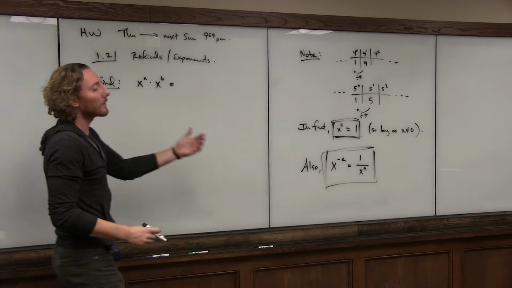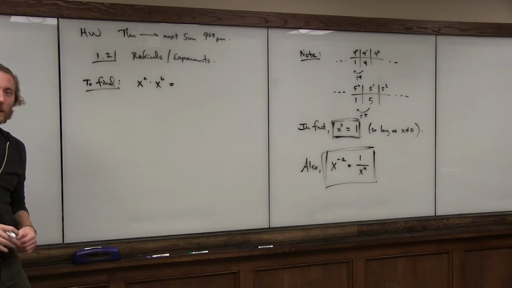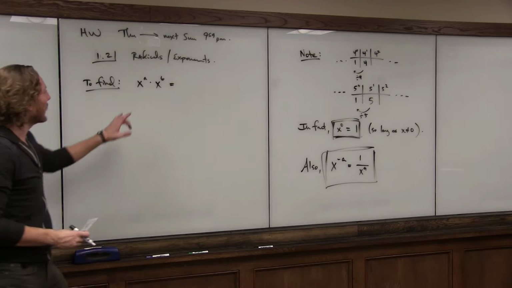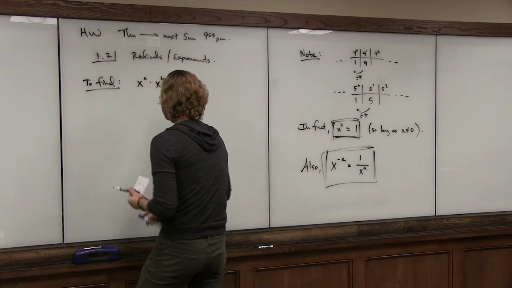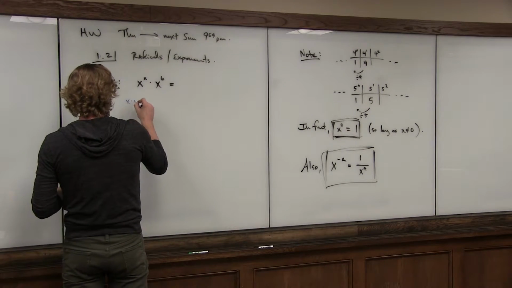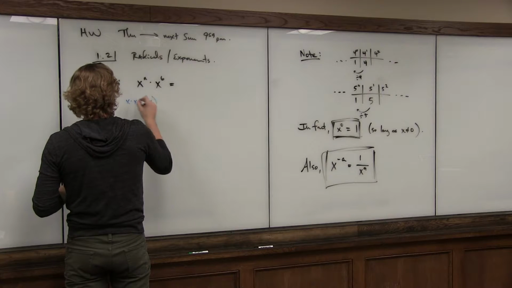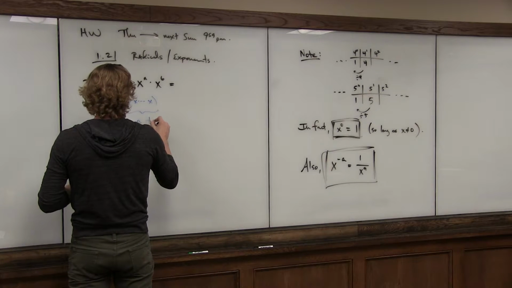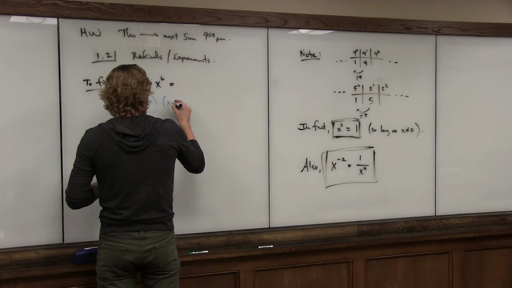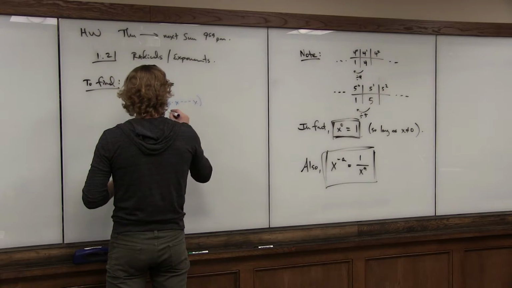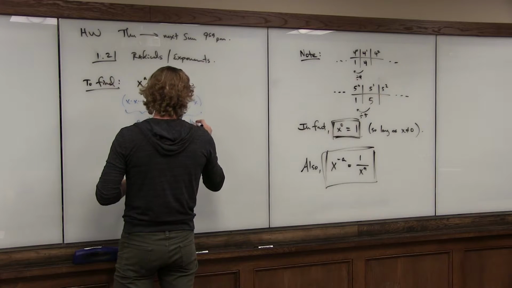I claim with our knowledge of exponents to this point, we can figure out what this is. Because what is x to the a times x to the b? Well, x to the a is just x times itself, a total of a times, and x to the b is just x times itself, a total of b times.